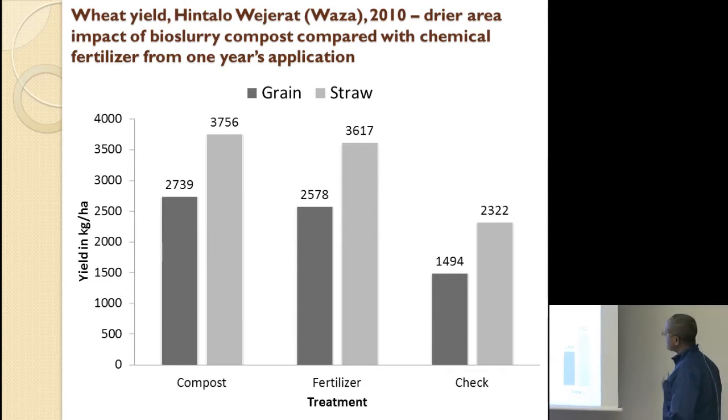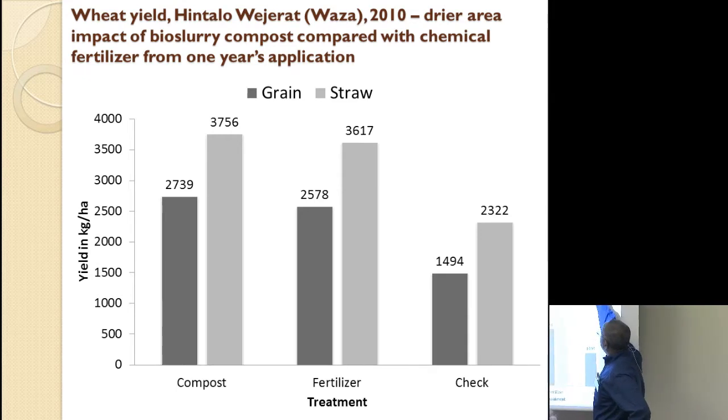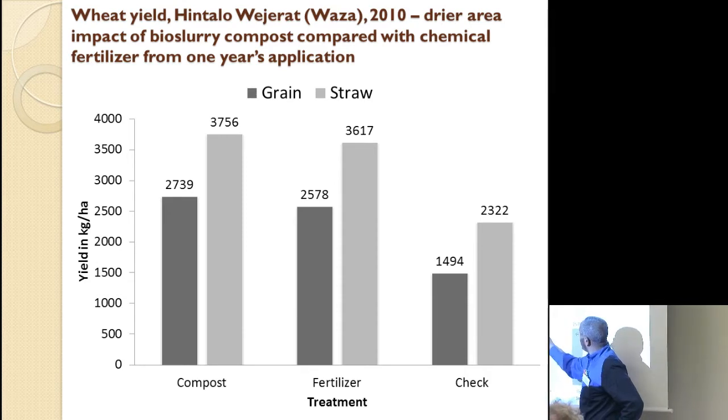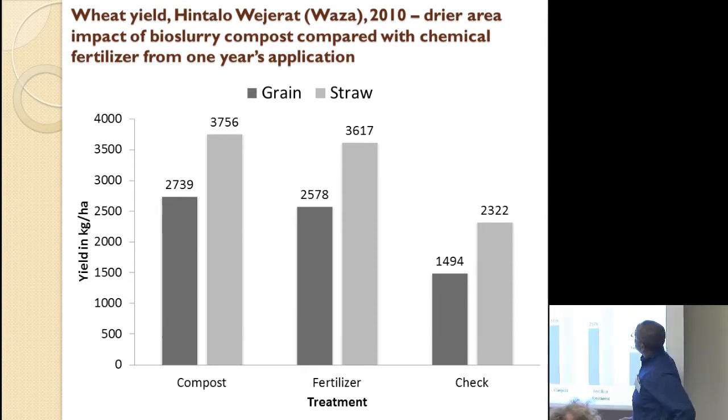Look here. This is compost produced from biogas bioslurry, and in the drier area you can see the impact. In the drier area, compost produces 27 quintals of wheat, and fertilizer produces 27.5, or 8%.